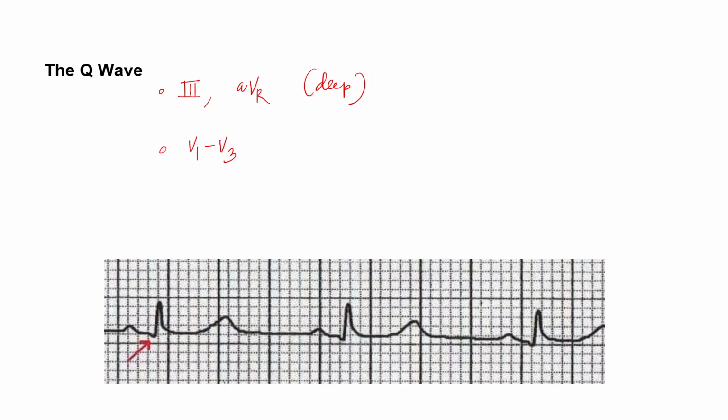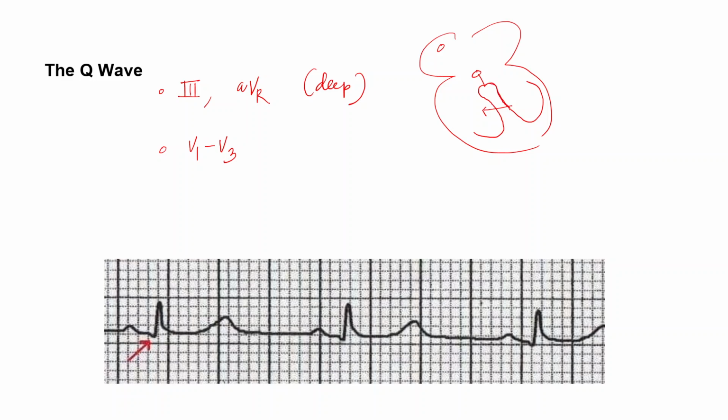Let me tell you why this is happening. I have already told you that the depolarization in the septum happens from left to right, because the left bundle gets the impulse first from the AV node.